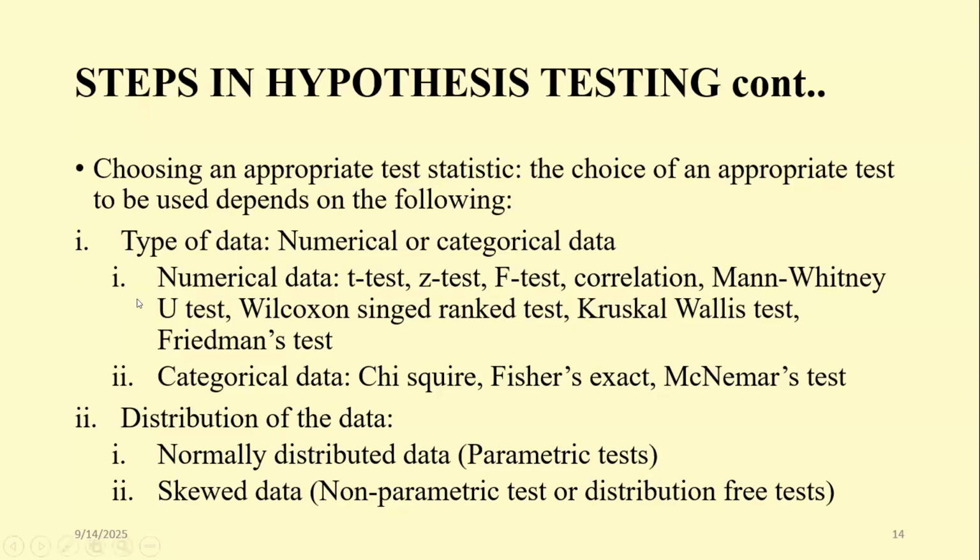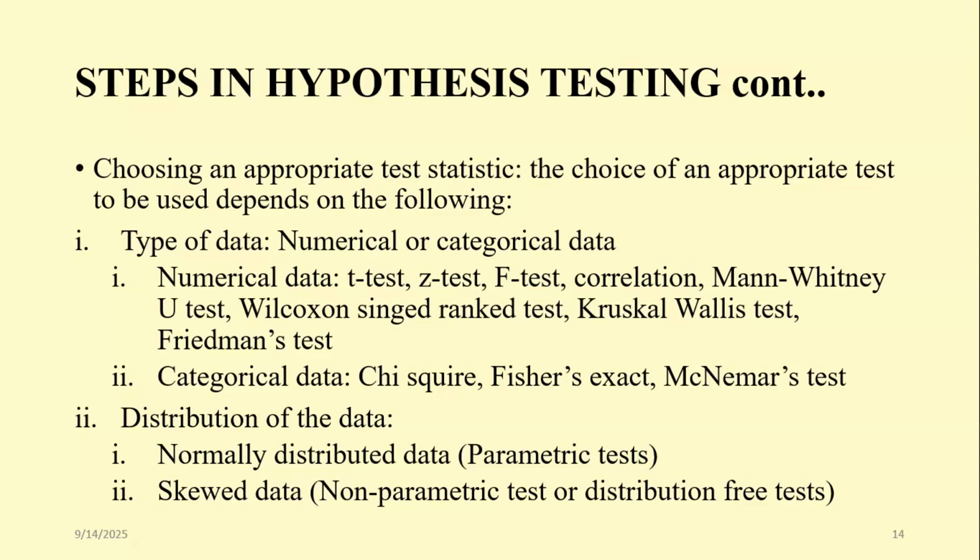The choice of appropriate statistic depends on different things. One, type of data. Is your data numerical or categorical data? If you are dealing with numerical data, that is continuous data, these are the possible tests that you are going to use.